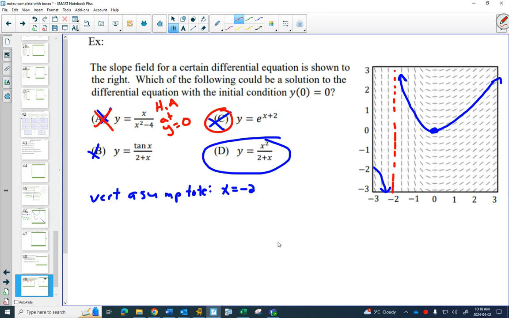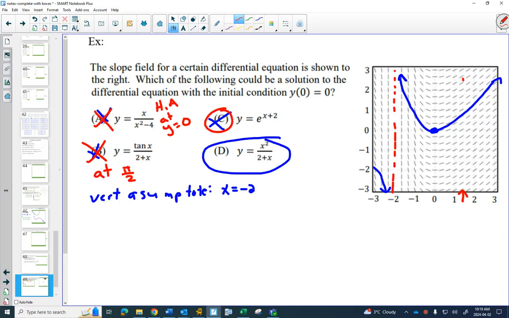So if something is undefined, it would have those vertical slopes again, or it would have an asymptote. So I would look at pi over 2, which is 1.57. That's right about here. It does not look like my slopes are undefined at that point, so I could cancel out this one.